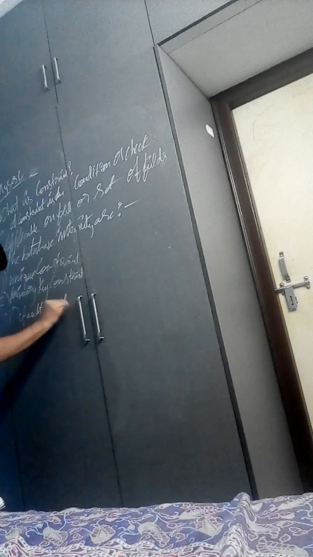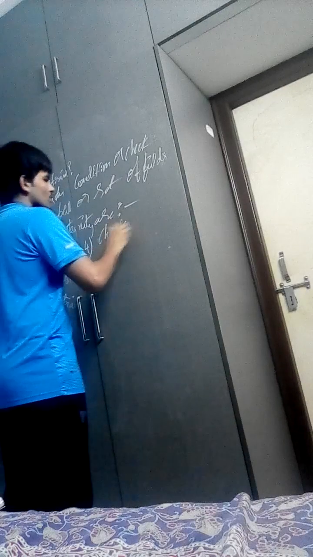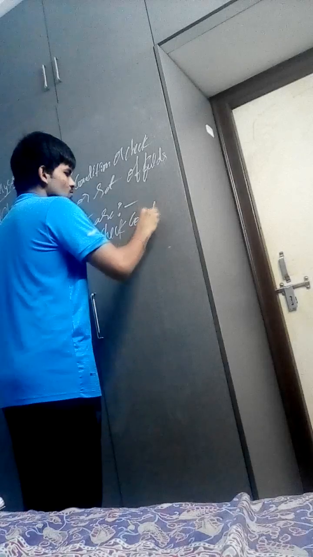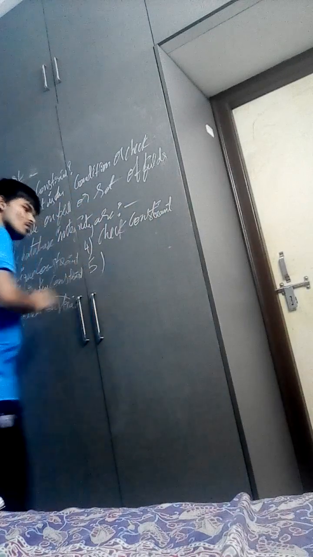The third one is the default constraint, the fourth one is the check constraint, and the last one is the foreign key constraint.